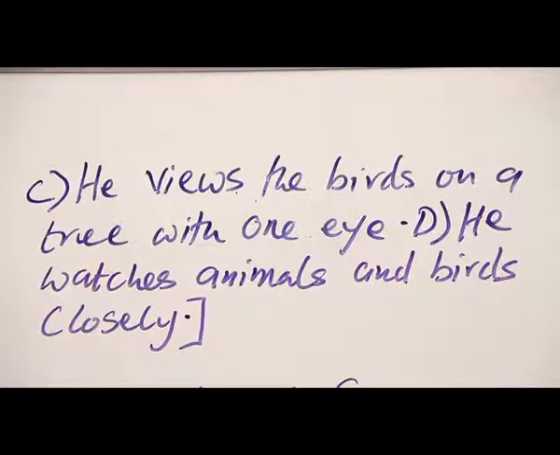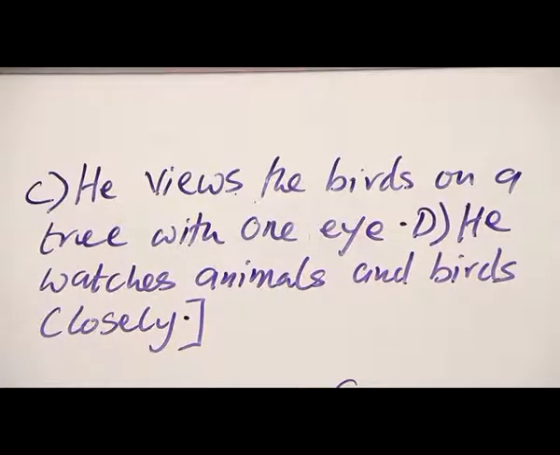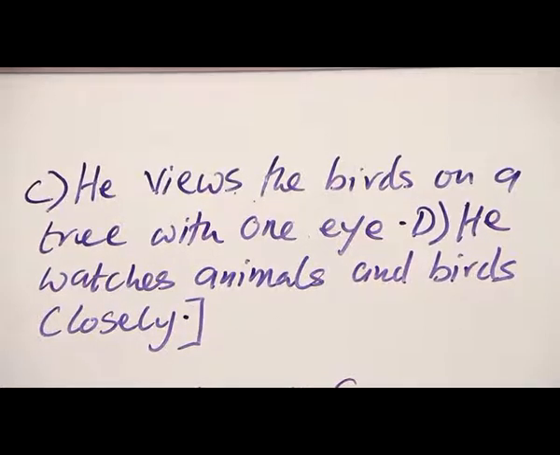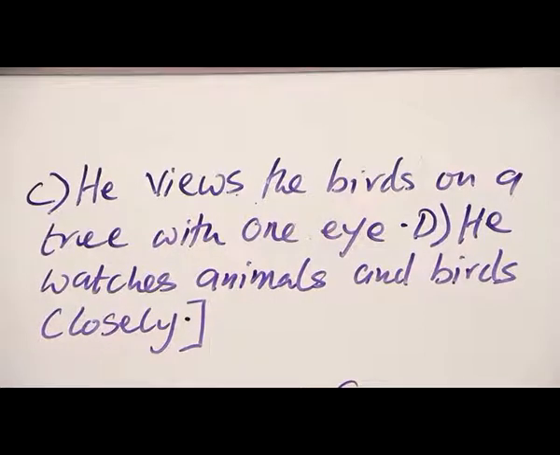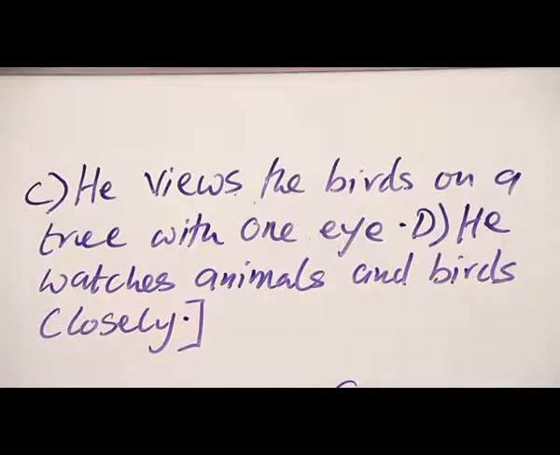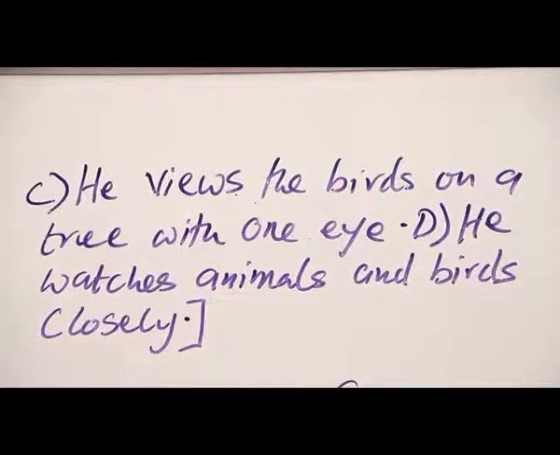But no, C is not an answer by the meaning of the idiom. D, he watches animals and birds closely. You may be tempted like that because sometimes birds watch things for a long time, perched on a tree branch. But again, that is not our answer.